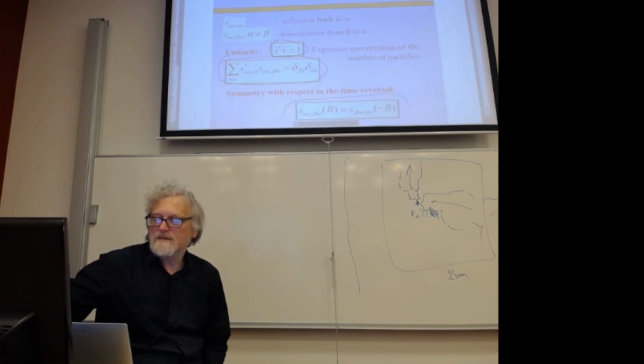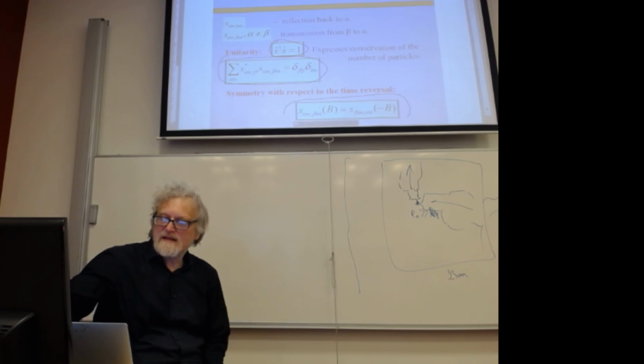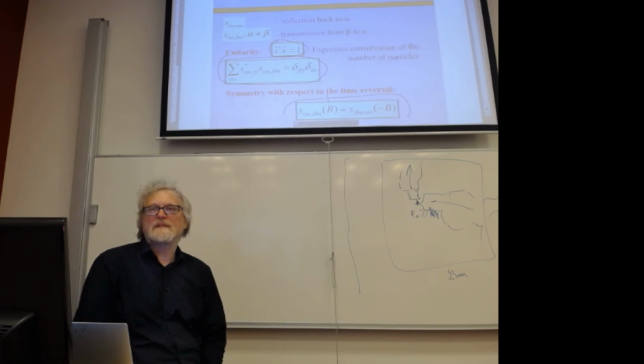Very good. So, how about time reversal? It's actually the same relation which I used yesterday. Now I rewrite it a little bit differently. I keep in mind that magnetic field changes sign upon time reversal.